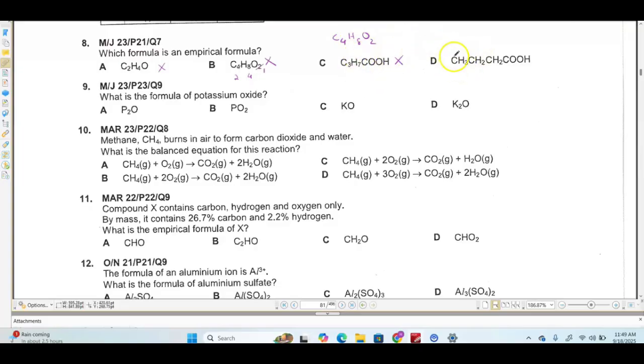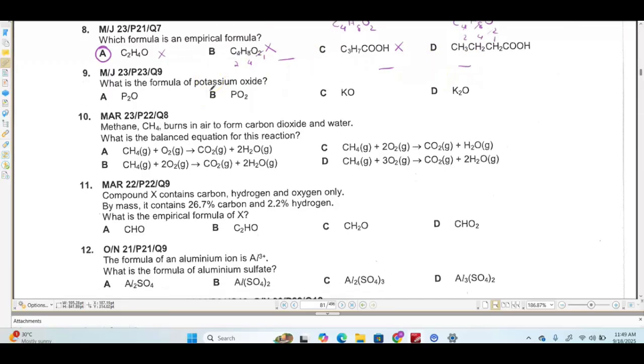If we look at this, 4 carbons are there, 8 hydrogens and oxygen are 2. So this formula can be simplified further as well: 1, 4 and 2. So this was the only formula that couldn't be simplified any further. So this is the empirical formula and the rest of these are not empirical formulas.